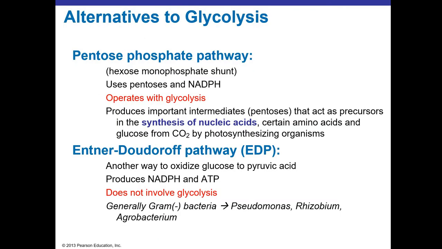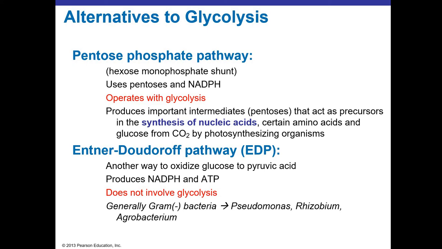If something is important in biology, usually there's alternatives. So it makes sense that there's alternatives to glycolysis. We have the pentose phosphate pathway and the Entner-Doudoroff pathway as well. The pentose phosphate pathway may also be referred to as the hexose monophosphate shunt. It uses pentoses, 5-carbon molecules, and NADPH, the reduced form of NADP.